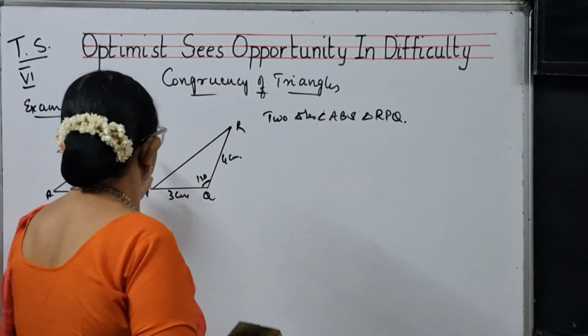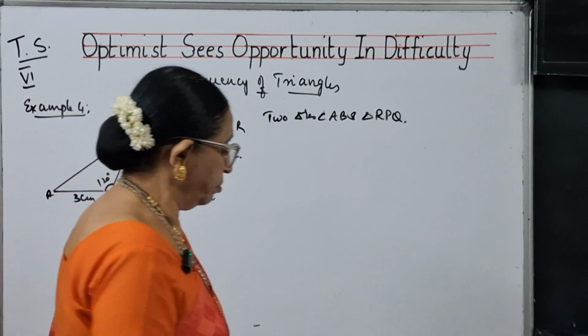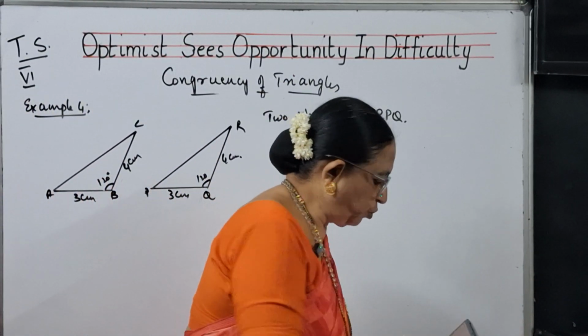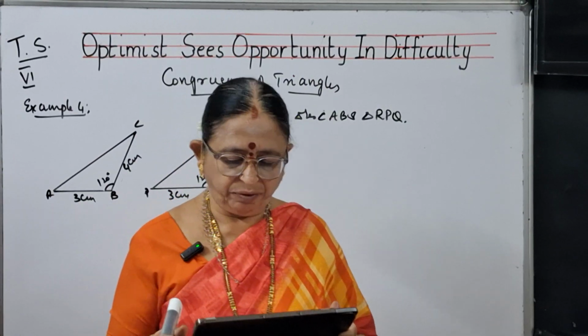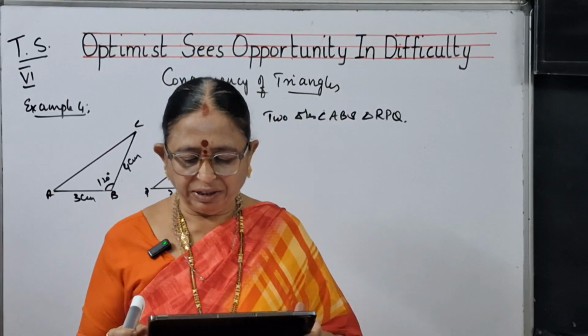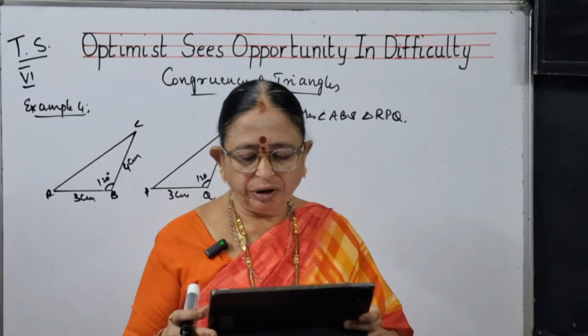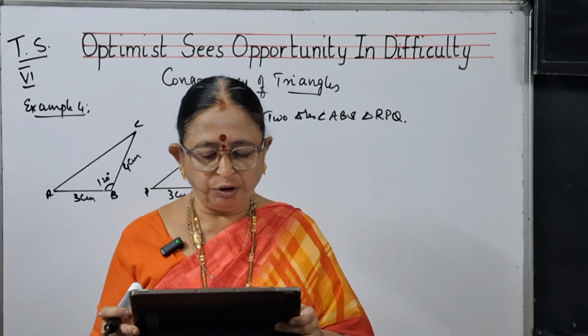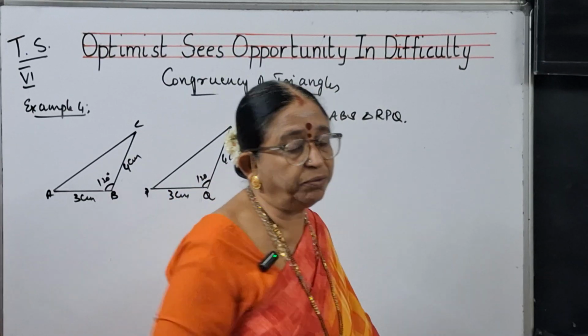With the vertex, this one, the vertical angle he is talking about. If the two triangles, triangle CAB and triangle RPQ, are given below, check whether the two triangles are congruent. If they are congruent, what can you say about the measure of the remaining elements of the triangle? What are the measures of the remaining elements?